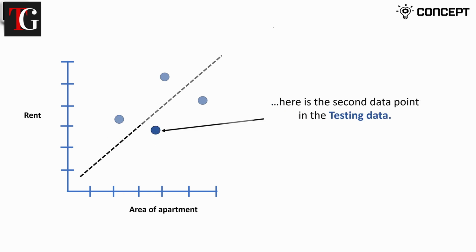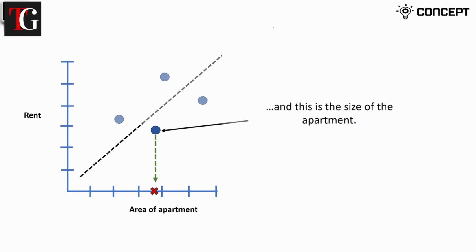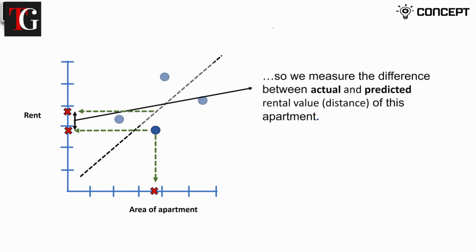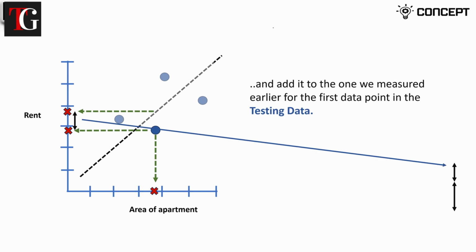Here is the second data point in the testing data, and this is the actual size of the apartment, and this is the actual rental value. So we measure the difference between the actual and the predicted rental value of this apartment and add it to the one we measured earlier for the first data point.